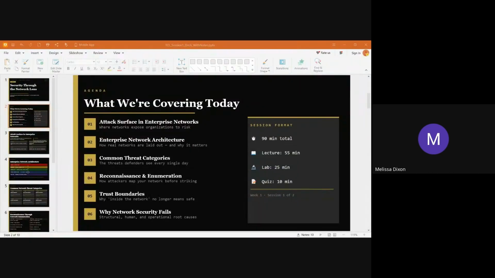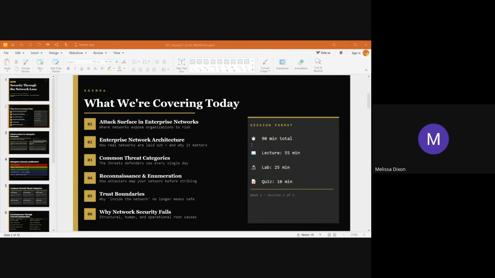Okay, so what we're going to cover is attack surface in enterprise networks, enterprise network architecture, common threat categories, reconnaissance and enumeration, trust boundaries, and why network security fails. And then I've got a lab that we'll do together, and you will work as a group as well, just for a couple of minutes.